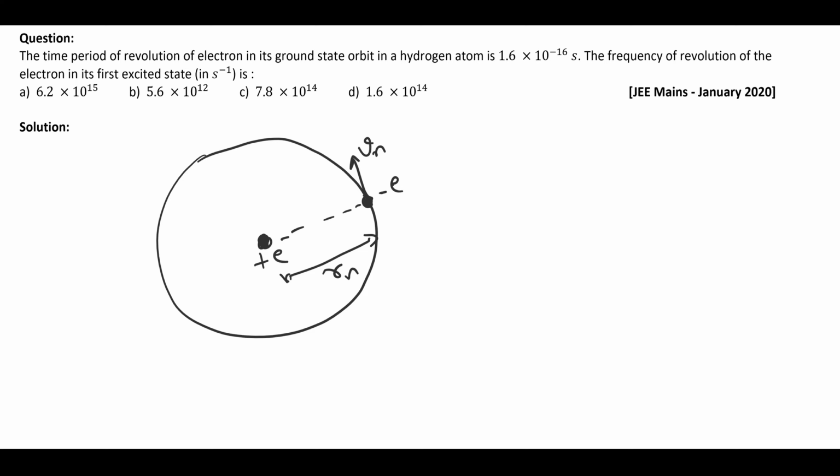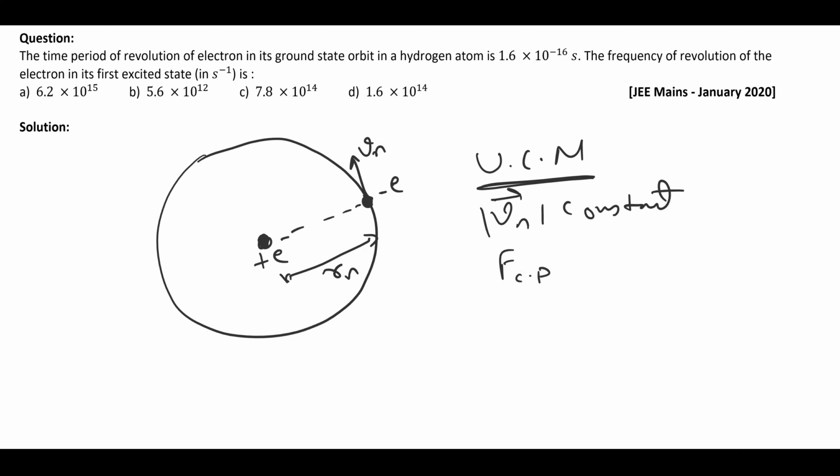The first postulate says that the electron revolves around the proton in UCM, that is uniform circular motion. That means the speed is constant.